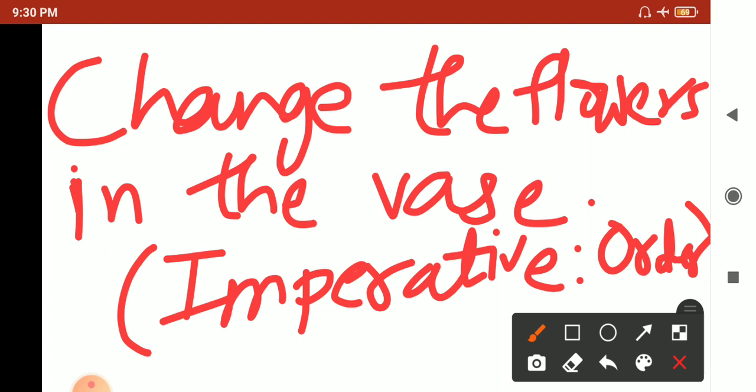The structure of the sentence is imperative. Someone has given an order to someone and the function of the sentence is clearly understood.